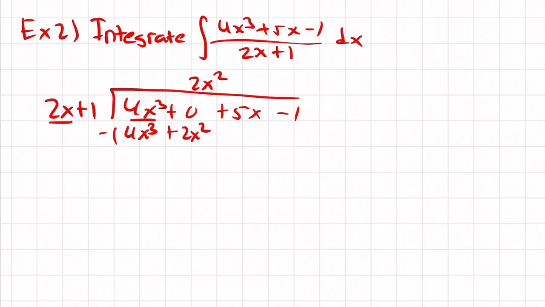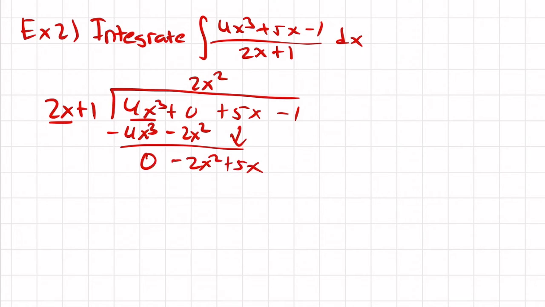So this would be something like this. Then I'm going to distribute the negative. When you rewrite it, you should get negative 4x cubed minus 2x squared. So now let's subtract. 4x cubed minus 4x cubed gives you 0, and 0 minus 2x squared gives you negative 2x squared. I'm going to drop down the 5x.